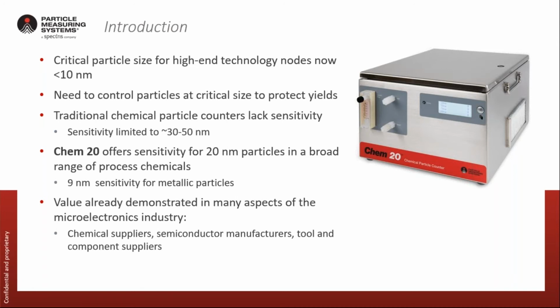Traditional chemical particle counters have lagged behind the industry requirements for some time in terms of sensitivity, with sensitivity being limited to 30 to 50 or even larger nanometer particle sizes. The Chem 20 offers sensitivity for particles as small as 20 nanometers in all of the most common process chemicals, and this sensitivity is extended to 9 nanometers in the case of metallic particles.